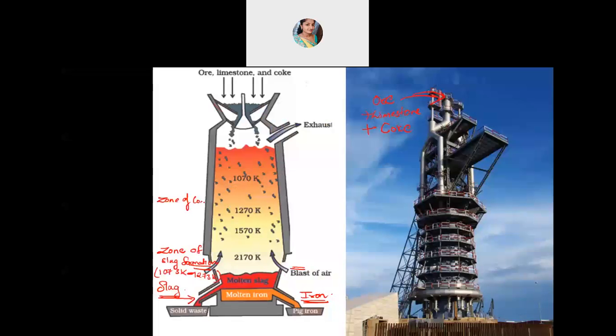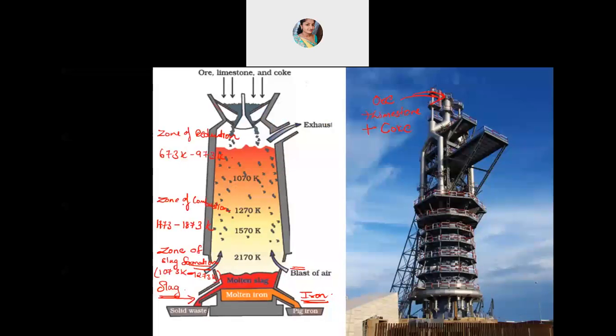That temperature is around 1773 to 1873 Kelvin. And above that, the lowest temperature, the zone of reduction, where the reduction reaction takes place, is over here. And that is 673 Kelvin to 973 Kelvin.